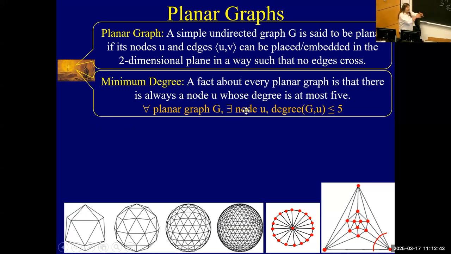I can find some node in the planar graph with low degree, right? Degree less than 5, right? So you'll look in all of these examples, right? Here's a node of degree 3. Here's a node of degree 5. Now there can always be a node that has high degree, right? But there's always at least one node with low degree, right?